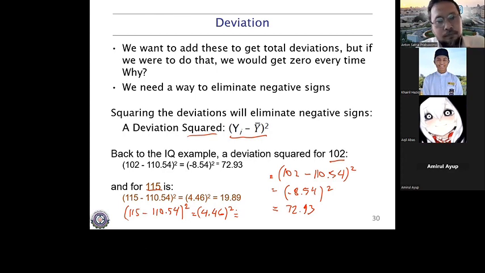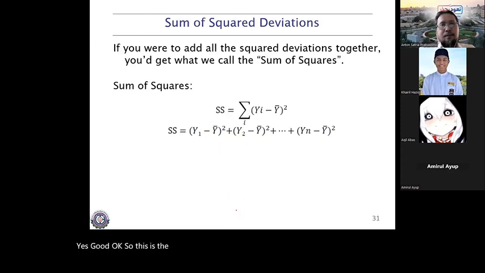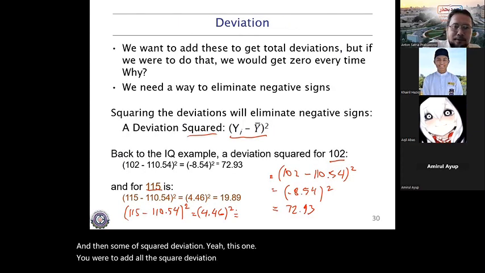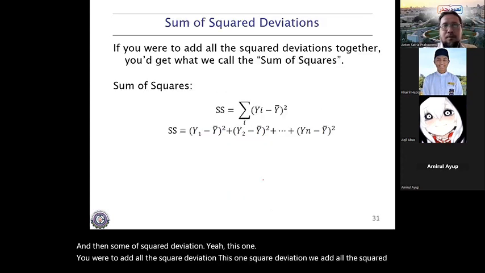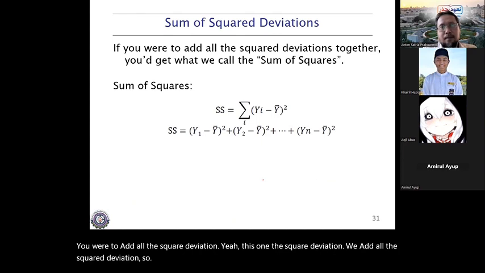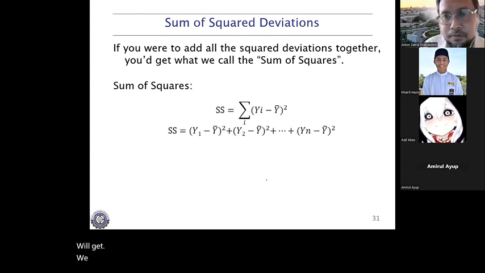Good. Okay, so this is the deviation, and then the sum of square deviation. You have to add all the square deviation. We add all the square deviation, so we get what we call the sum of squares, SS.